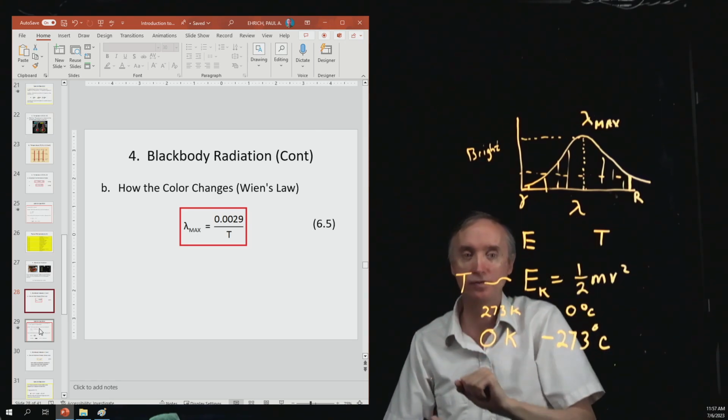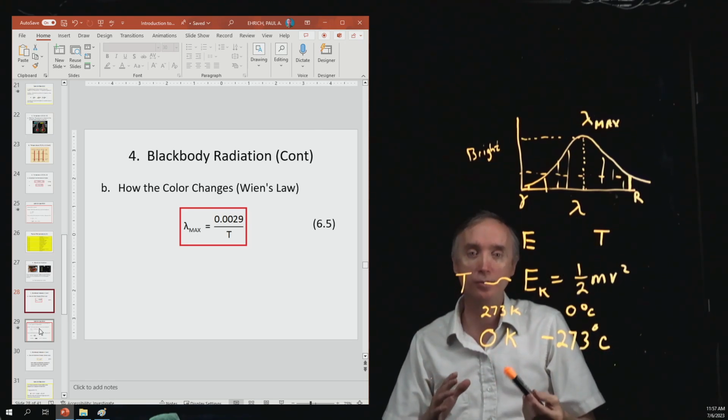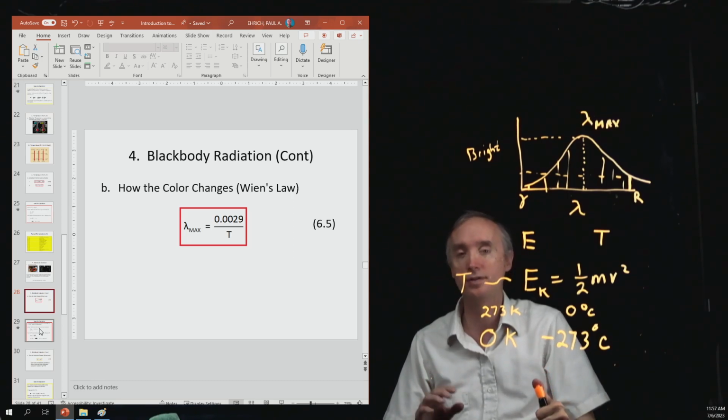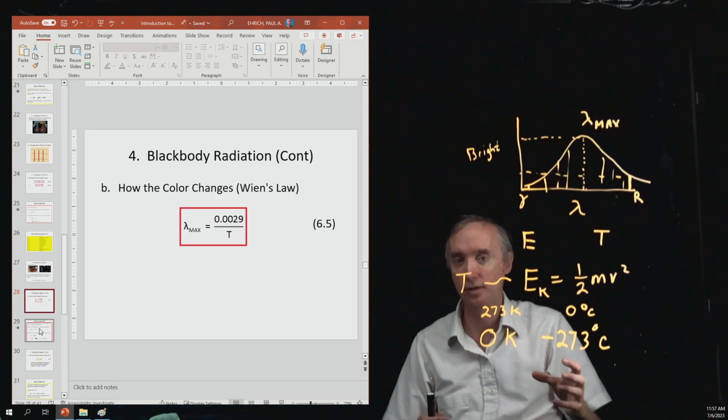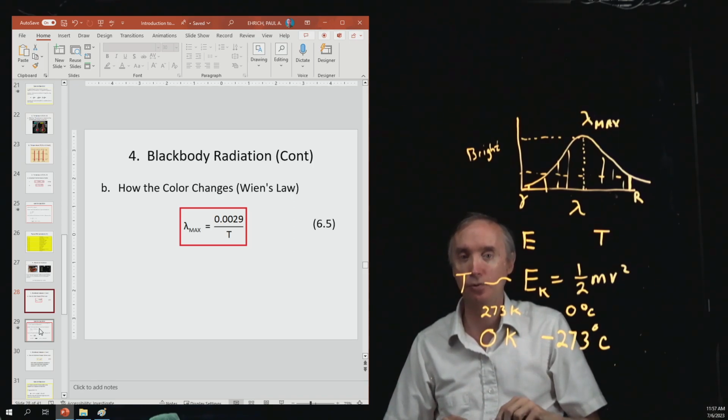That's given by this formula, which you should be able to use on the test. And notice that it's inversely proportional. As the T gets bigger, the lambda gets smaller. So that's very important. As T gets bigger, lambda gets smaller.